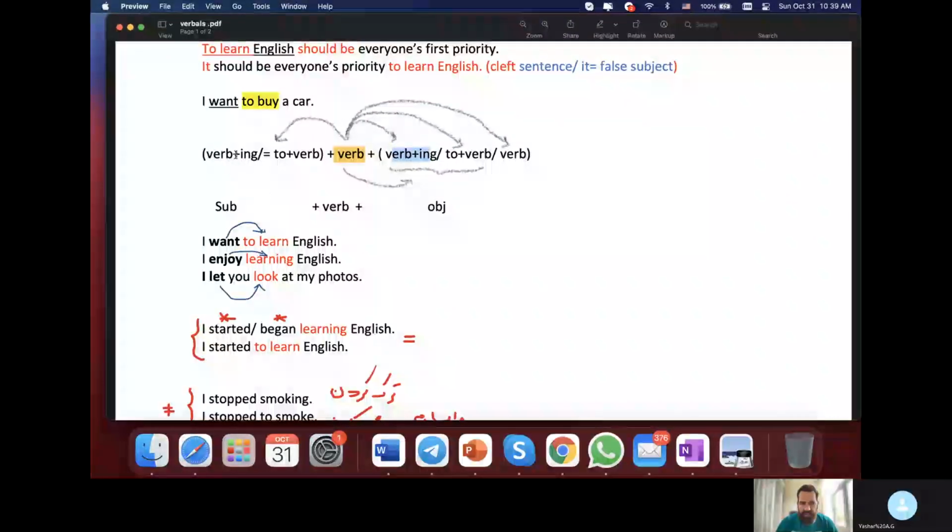So, generally speaking, if you use a verb in the place of the subject, you have two choices, verb plus ing or to plus verb, they are the same. But if you use it in the object place, you can use ing, to, or bare verb based on the nature of the primary verb you apply.